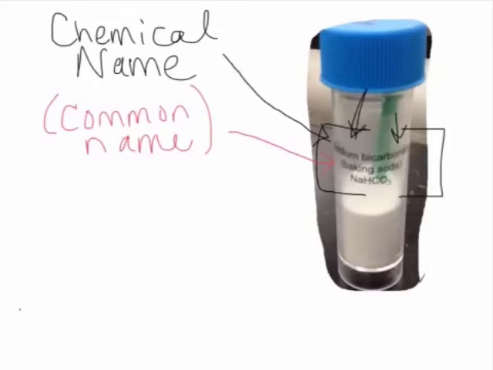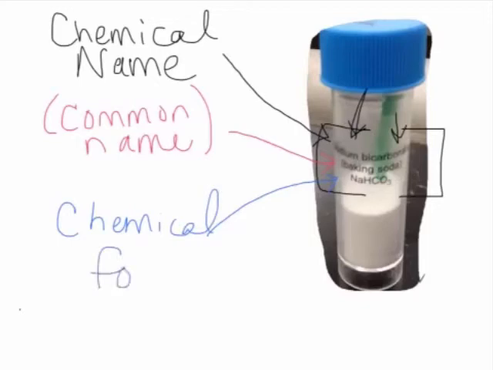Now, the last thing on the bottom here is going to look foreign to you. It is just going to look like a couple of letters, some capitalized, some not, and maybe some numbers in there. But this is the chemical formula for this substance. And the chemical formula can tell us a lot of things about what this substance is made up of. And we are going to dive in to explore this a little bit further.